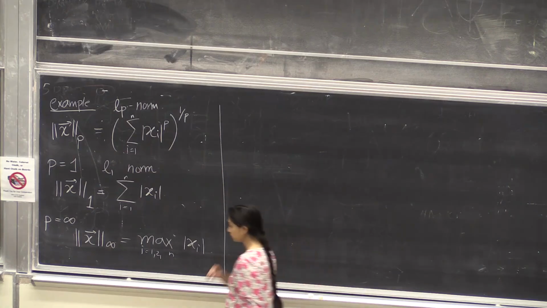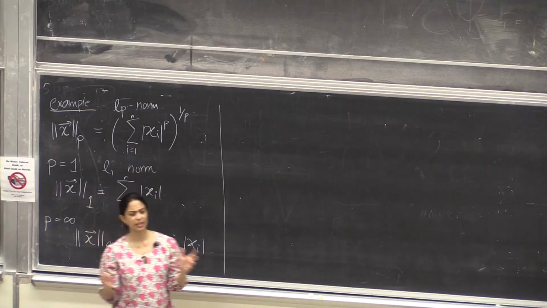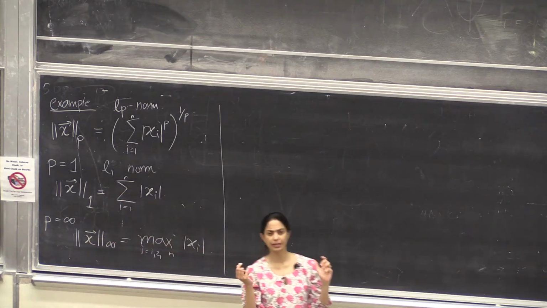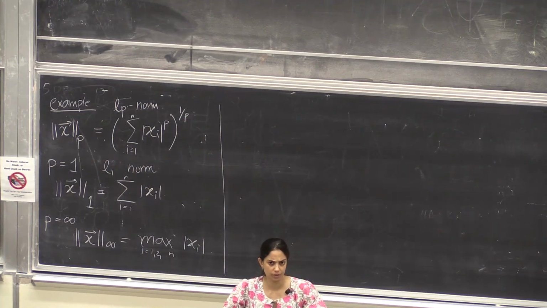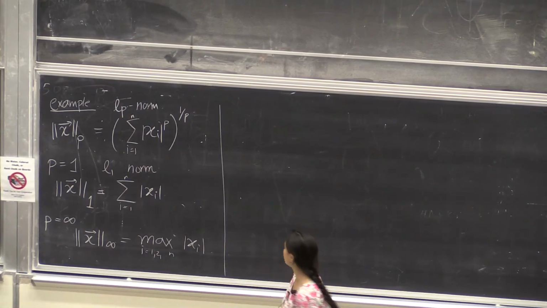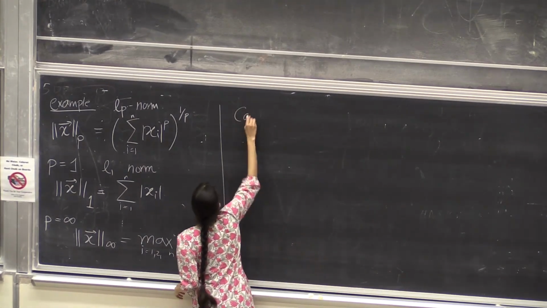Okay. So what is the inequality that is very useful in the context of 2 norms that you've all seen before in the linear algebra class? Anyone? Yeah, Cauchy-Schwarz, right? So what is the Cauchy-Schwarz inequality?